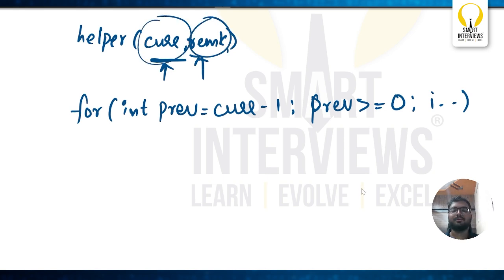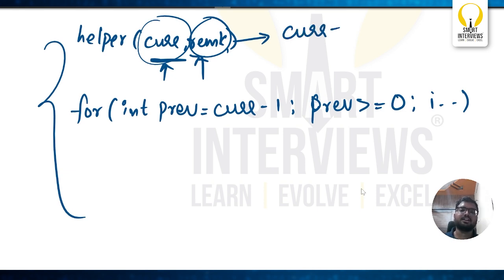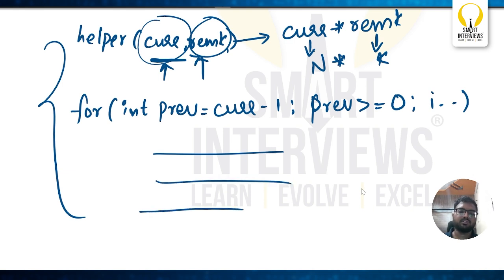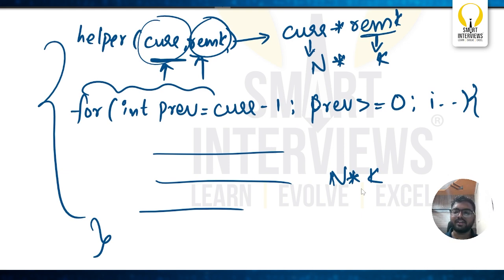Current is changing and remaining k is also changing. So all these recursive calls will be taking current into remaining k. Remaining k is nothing but k here, and the maximum value of this is n into k. All the recursive code inside this for loop changes according to the current and remaining k. So it is n into k here, and this outer for loop also has time complexity of n. So this helper function itself is taking n square into k.